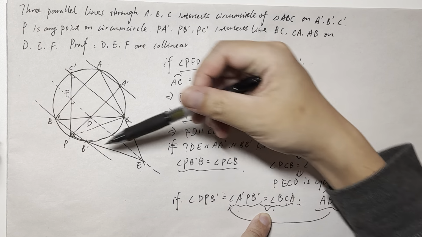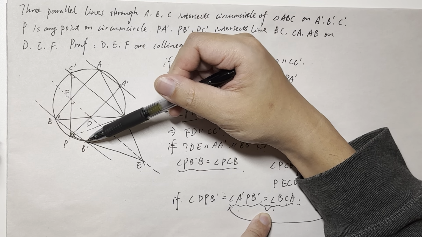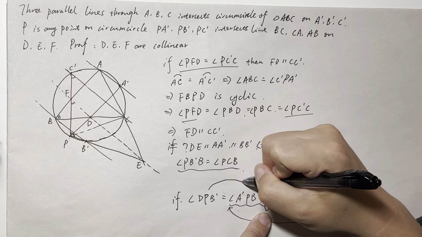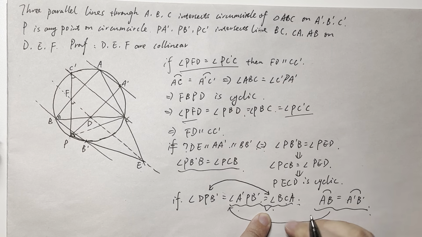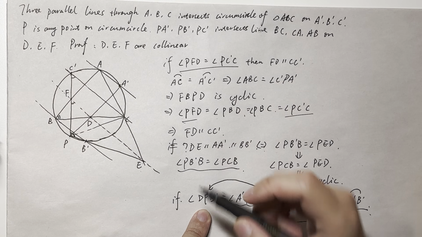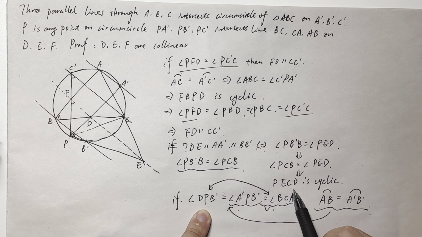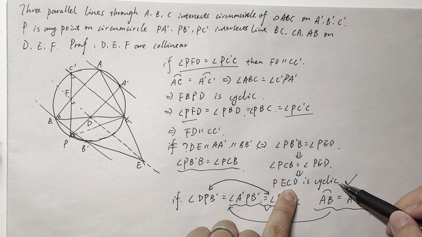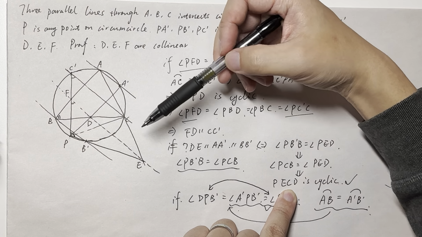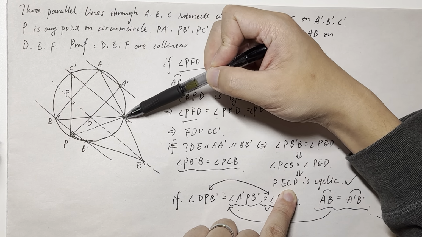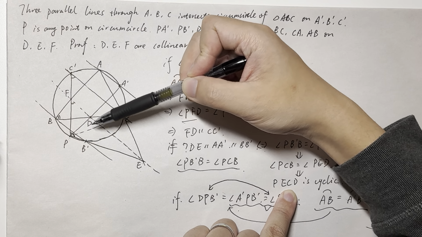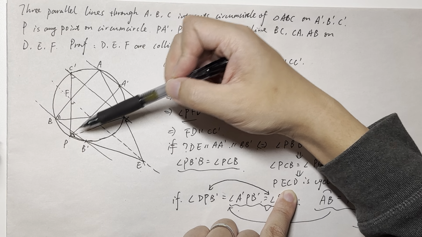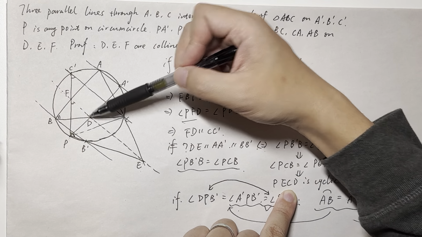And angle DPB prime, that is angle A prime PB. So these two are equal, which means PECD is cyclic. This is true, and because this is true, that angle PCB or PCD equals to angle PED, right?